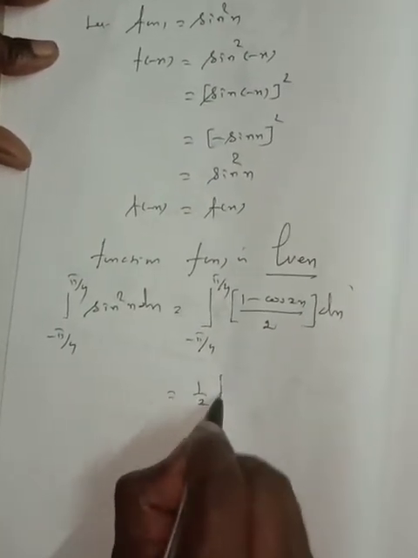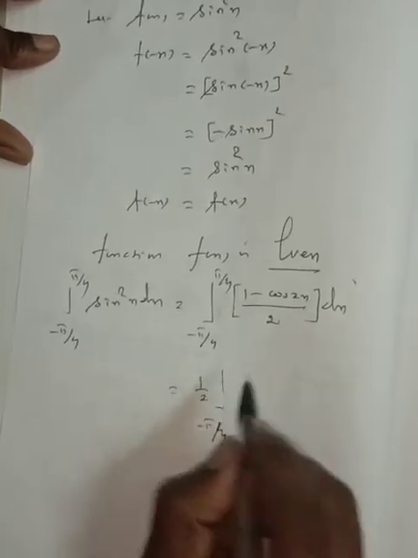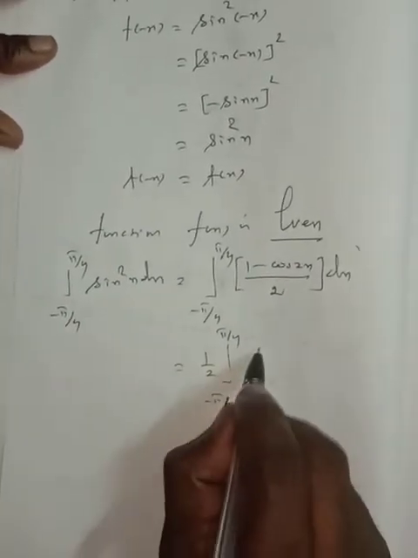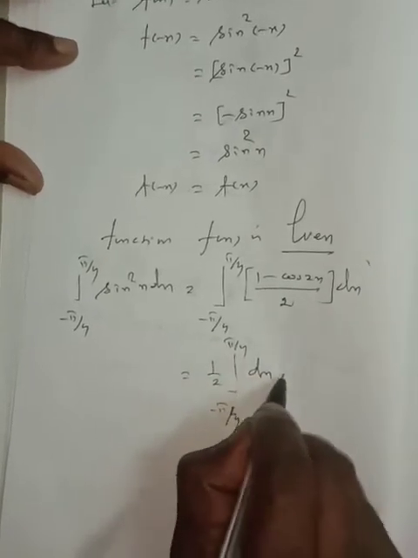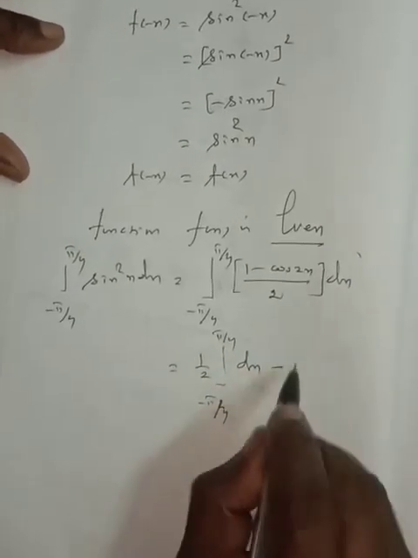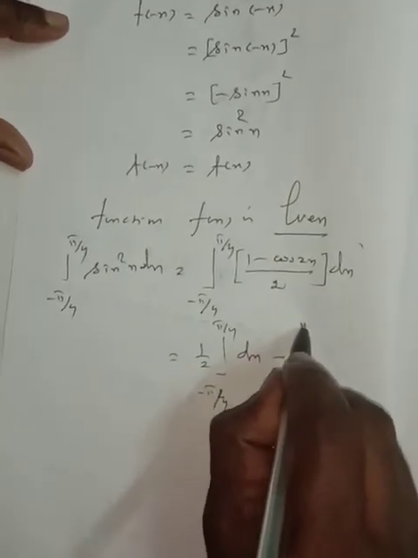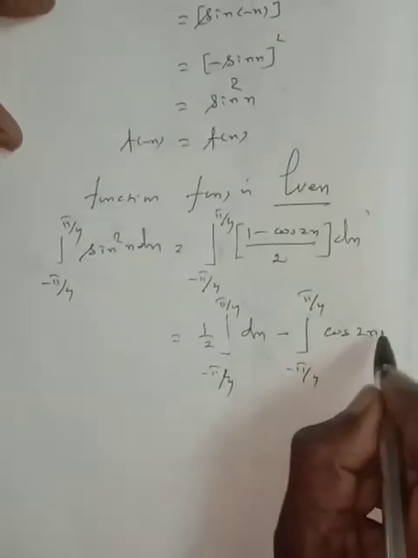Outside the integral, minus pi by 4 to positive pi by 4, dx, minus integral minus pi by 4 to pi by 4 cos 2x dx.